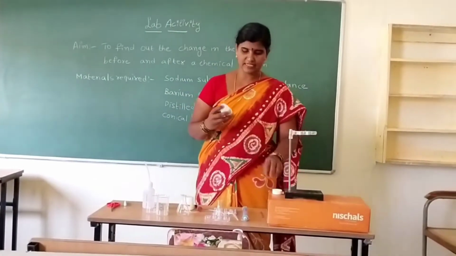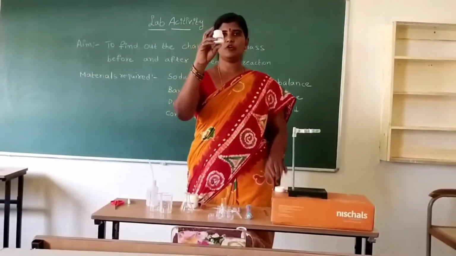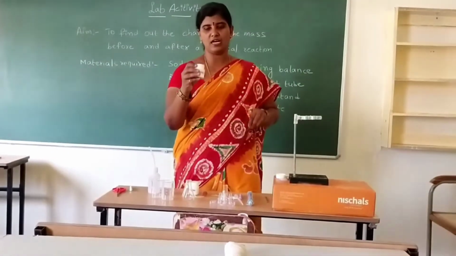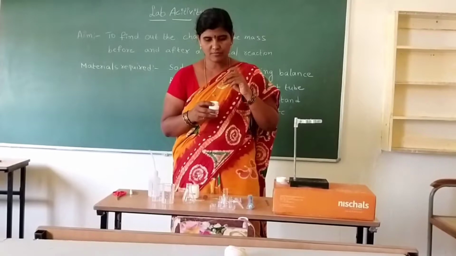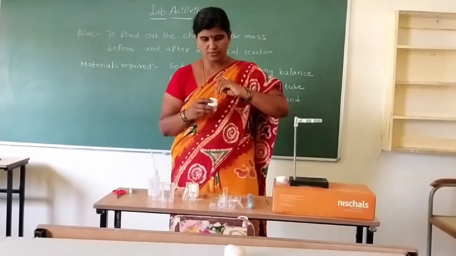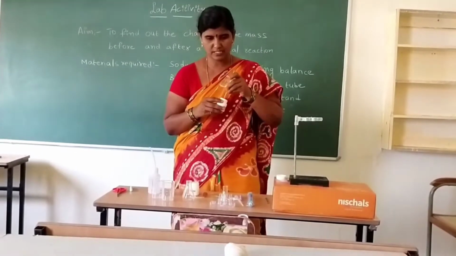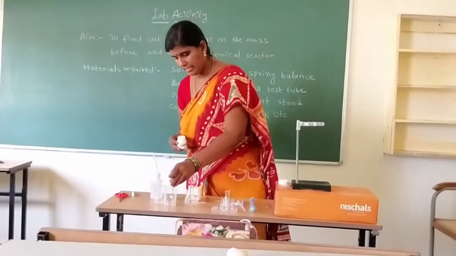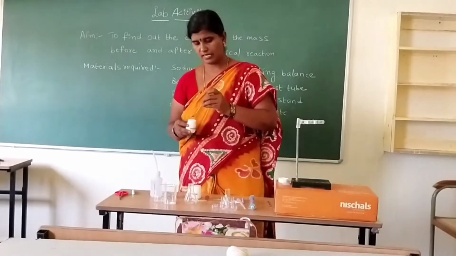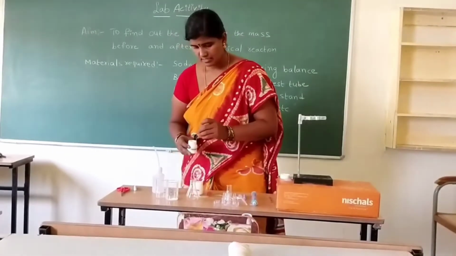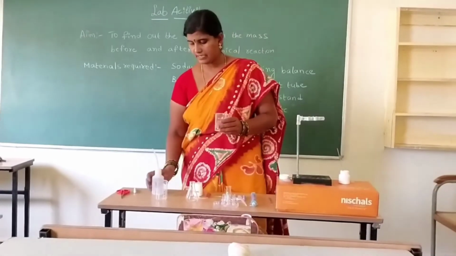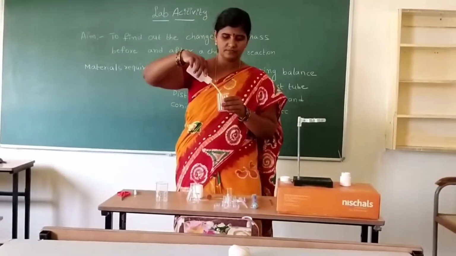What do we take first? Take the barium chloride salt, open the cap. With the help of this spatula, take 2 grams of barium chloride in the beaker. This is barium chloride. Then add distilled water.